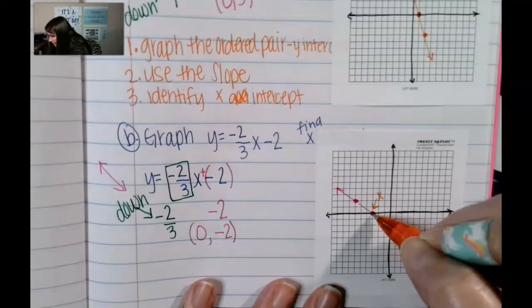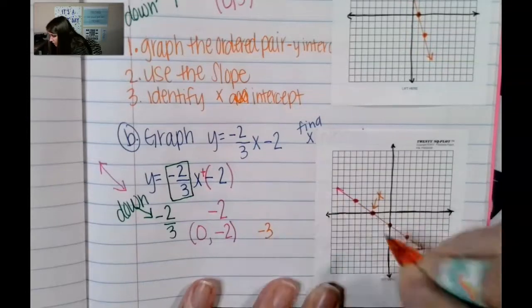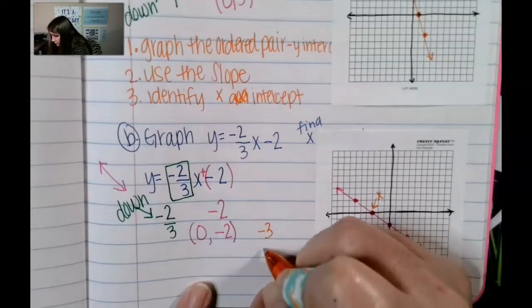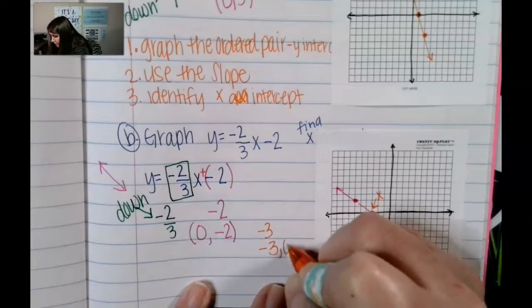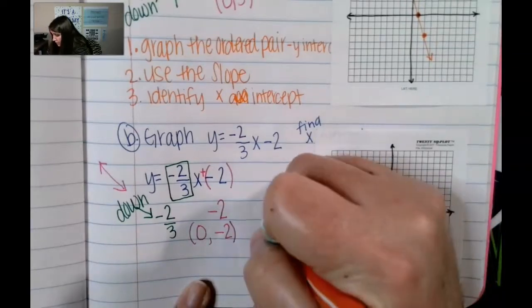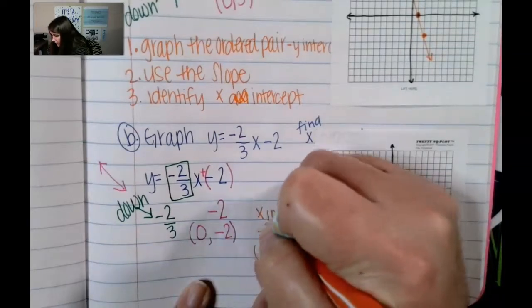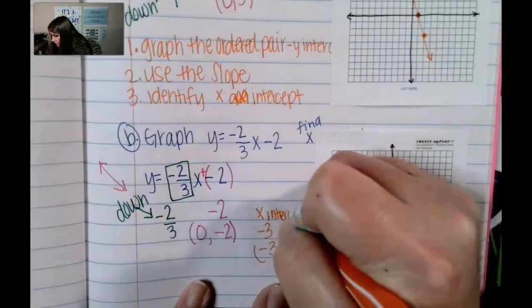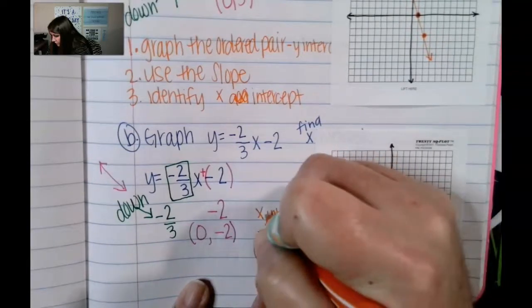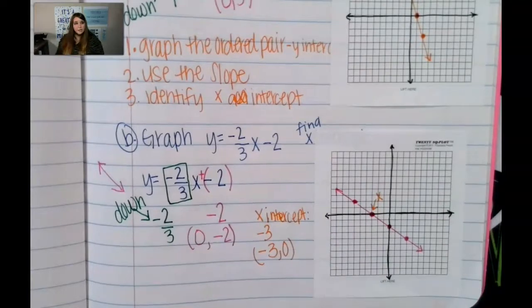So I'm at -3 and 0. So my ordered pair is -3, 0. So this right here is the x-intercept. There we go. So my x-intercept is -3.